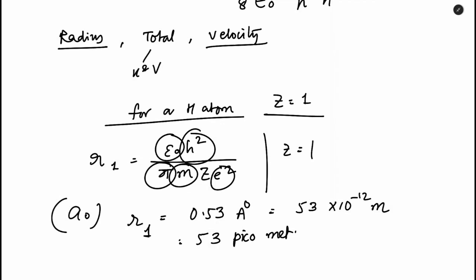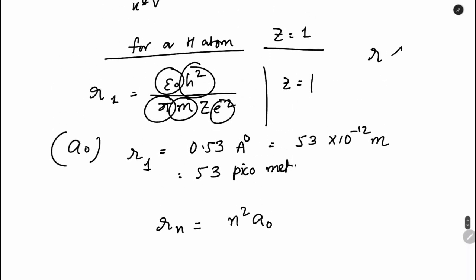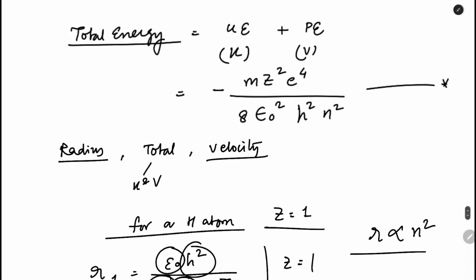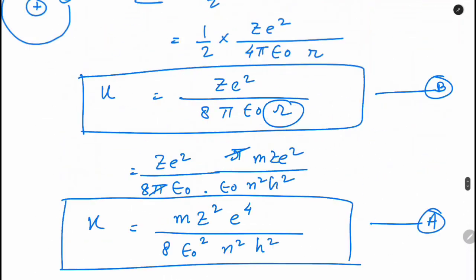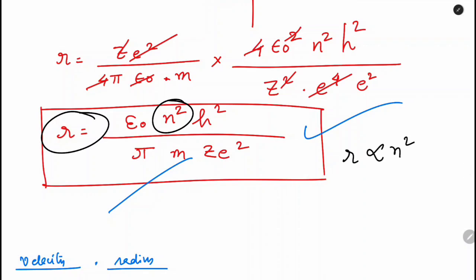Okay, so for a hydrogen atom, it would come around as Rn is equal to n square into A naught, since we have seen that R is proportional to n square. Let's go back here. R is proportional to n square.